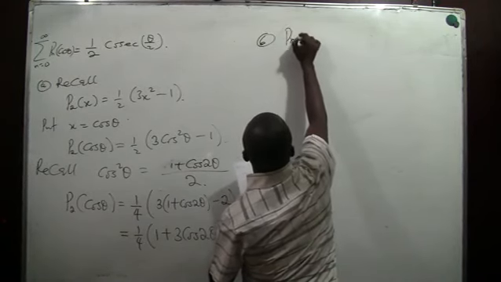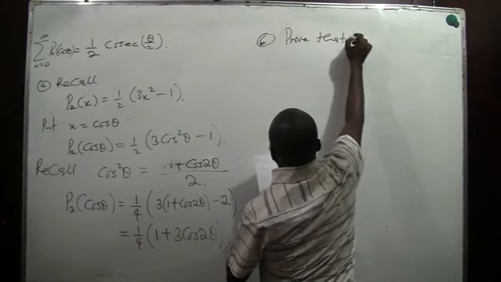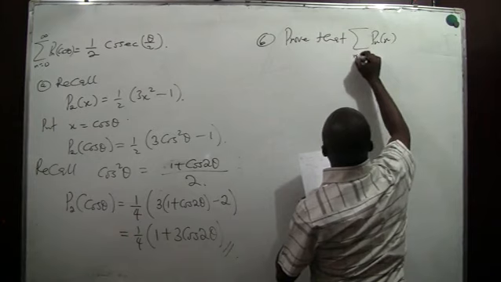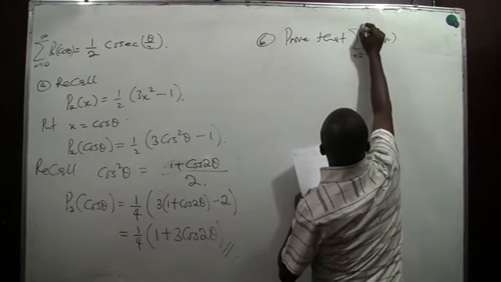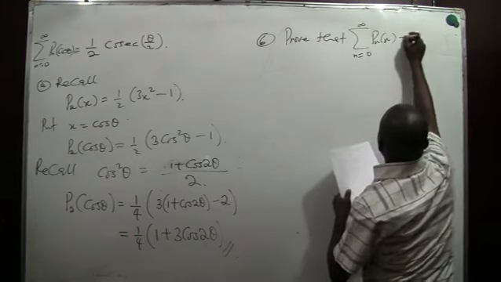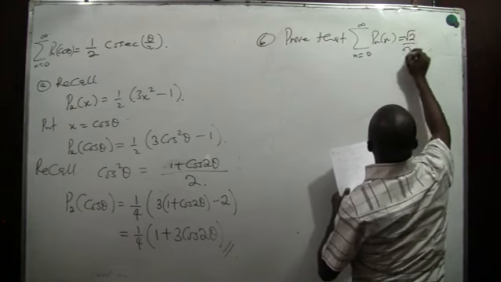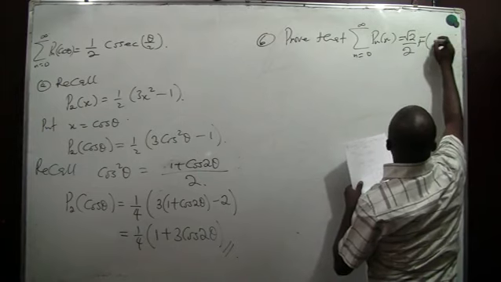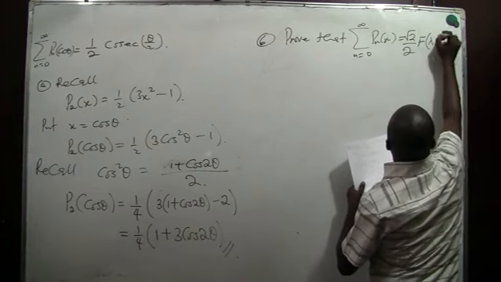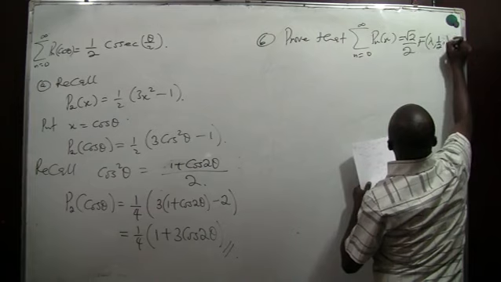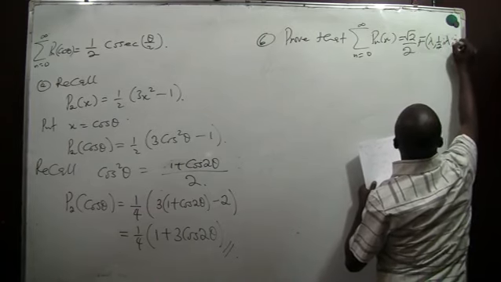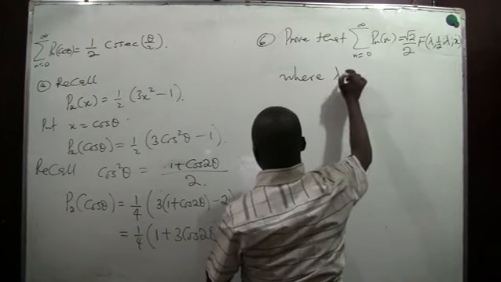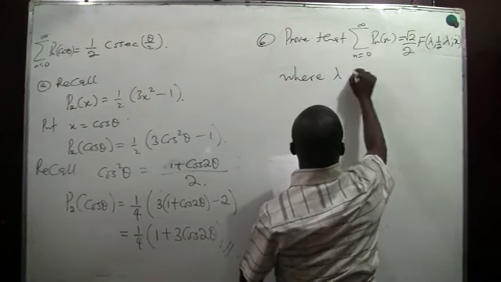Prove that summation Pn of x, n from 0 to infinity, equals square root of 2 divided by 2 F of lambda, comma, half, semicolon, lambda, semicolon, x, where lambda is arbitrary.